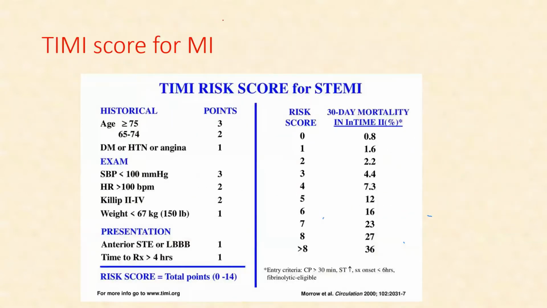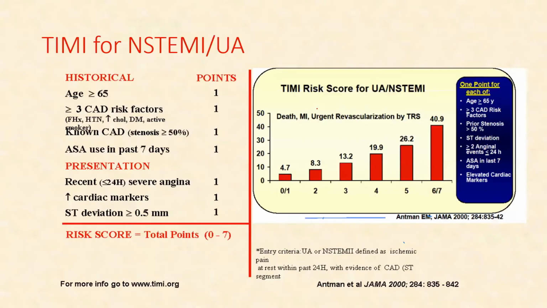The TIMI score for STEMI defines 30 days mortality. The TIMI risk score for non-STEMI and unstable angina defines what? 14 days mortality, not 30 days mortality.